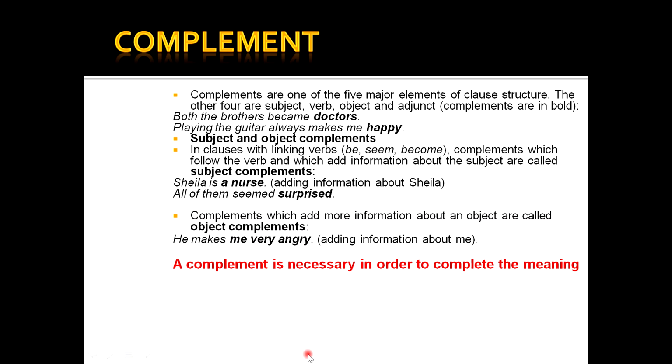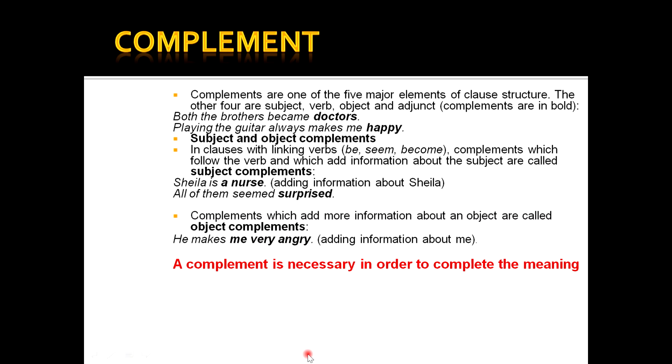In clauses with linking verbs, we saw what a linking verb is, like be, seem, become. Complements which follow the verb and which add information about the subject are called subject complements. Sheila is a nurse, adding some information about Sheila. All of them seemed surprised. So these are details that we get about the subjects.